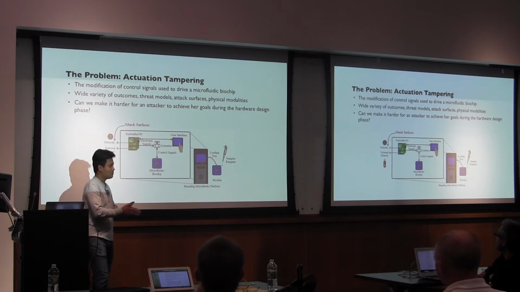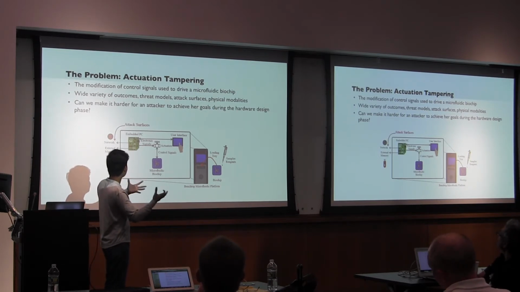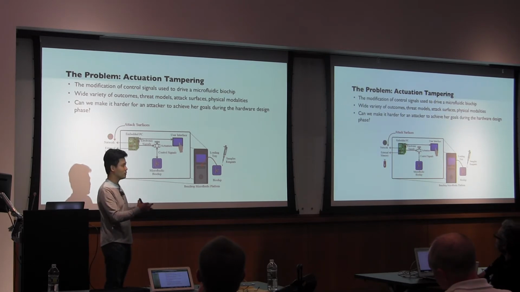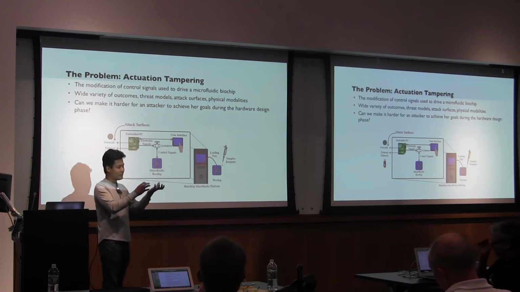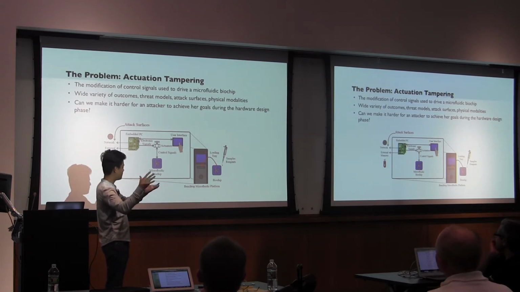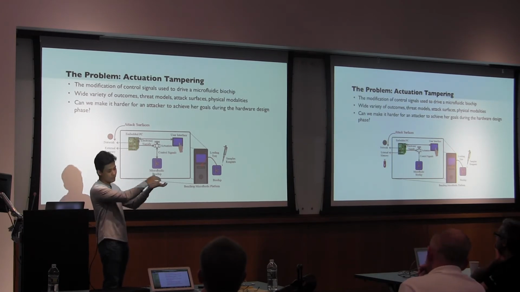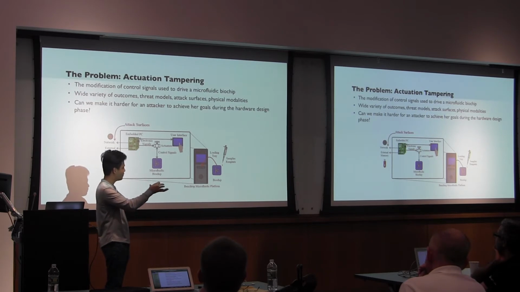So the problem I want to tackle is this idea of actuation tampering. This is defined as the modification of the control signals that are used to drive a microfluidic biochip. So you have this biochip. At the end of the day, you're just trying to send signals to this thing to move fluids around. You can get those signals in various ways, but if you're talking about someone who's trying to maliciously alter the way this biochip functions, they have to actually do something with these control signals.